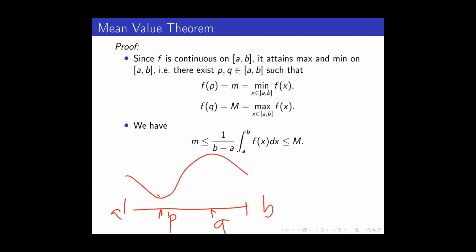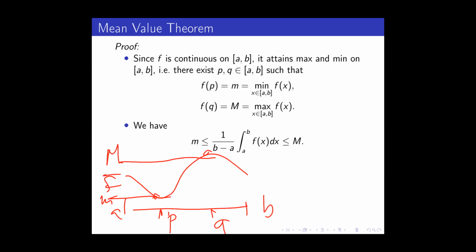So if you look at these two values, a minimum and a maximum, you know that the average f bar is between them. So this is small m and this is capital M, and f bar is somewhere here.